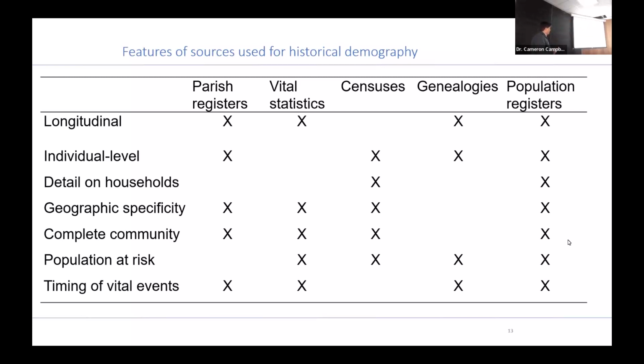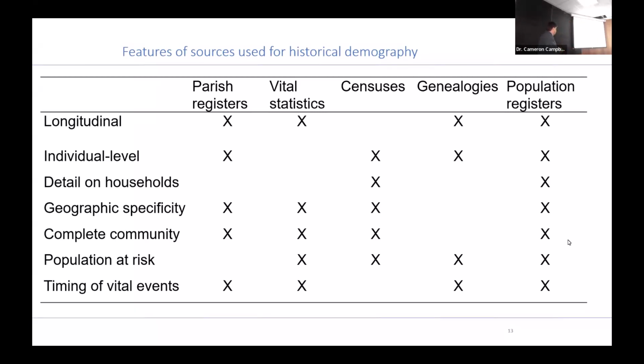A lot of the other sources, if you think about it, we all like data that's longitudinal, we like data that's individual-level, we like data that aggregates to households. We like data that is geographically specific; in this sense we would like to be even more specific, but at least we know where these people are, and so we can link that to spatial context information.